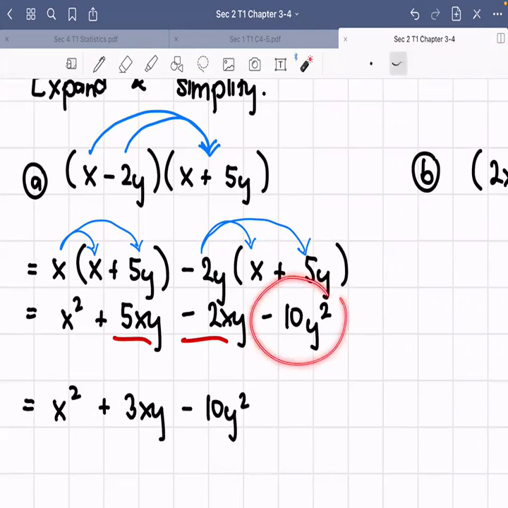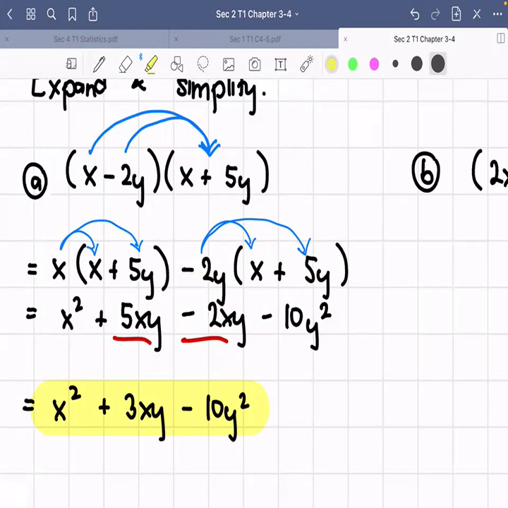Since these two terms have no like terms, we just bring them down. We only simplified these two because, as you can see, they are like terms. So therefore, this is your answer for letter A. Do you have any question, class? No question?